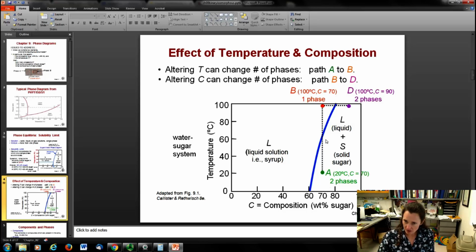And then if you go up, then you cross that line, you've heated it up, and then some of that sugar that precipitated out of the solution will dissolve into the liquid state. Okay, so that changes the number of phases from 2 to 1. Now, if you add more sugar and you go from B to D, then you're going to go from a liquid state to a liquid and a solid state where that sugar just won't dissolve in anymore. So that's kind of what's going on there.